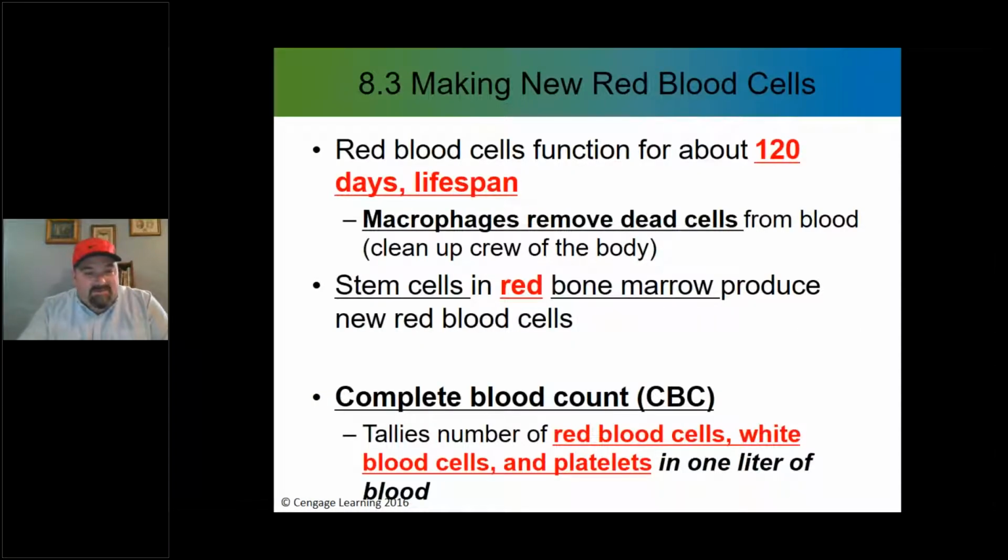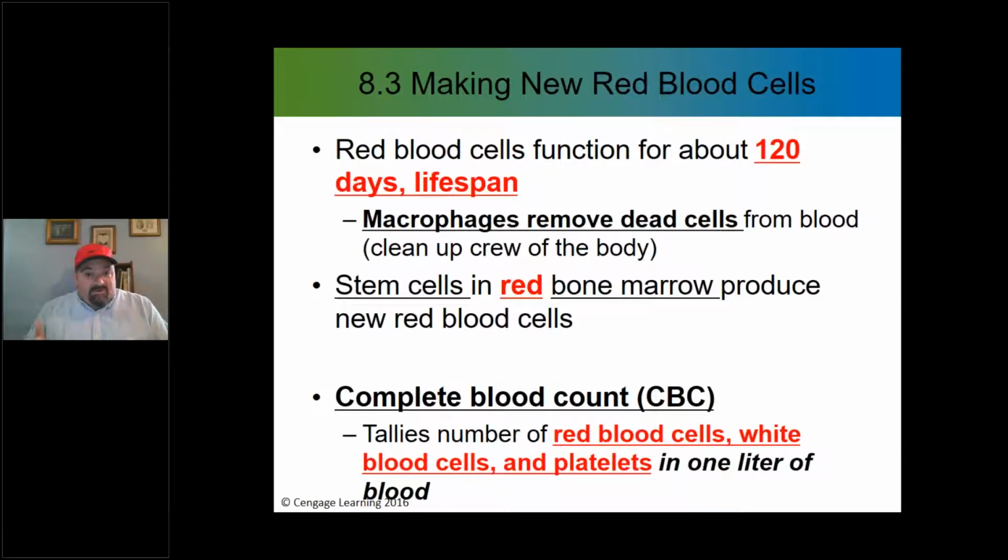So stem cells, I showed you that image before, in the red bone marrow produce the new red blood cells, and they produce the other blood cells also. Recall that when we were looking at the skeletal system, I mentioned that there's yellow and red marrow. Red marrow is what will actually produce the red blood cells and the other blood cells, and yellow marrow is more an area of storage of adipose tissue.